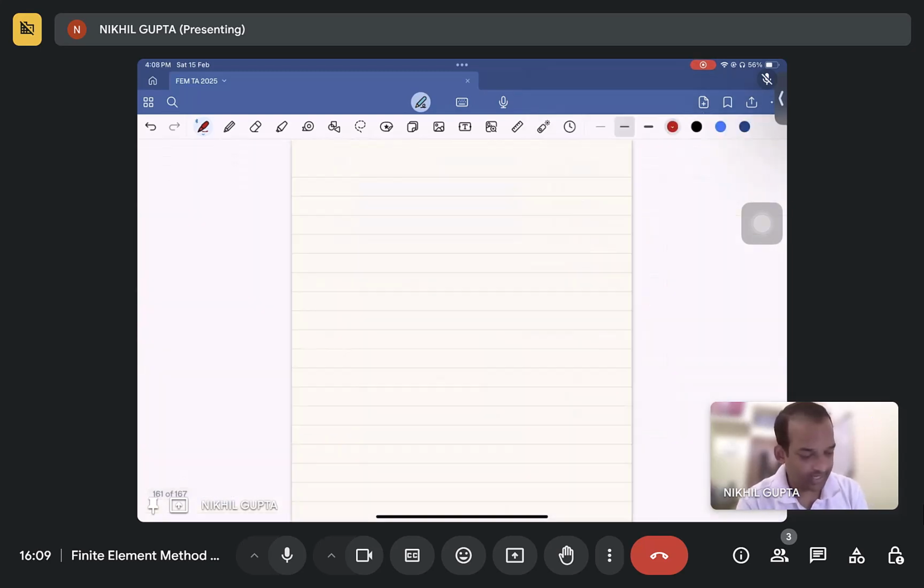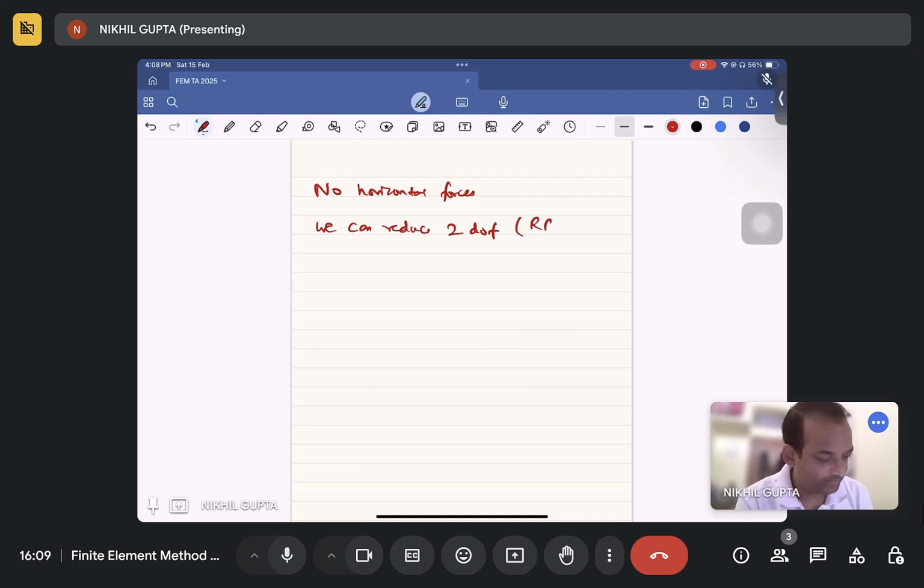Since there is no horizontal force, we can reduce 2 degrees of freedom, which is RBM. So your reduced K will be of dimension 2n plus 2 minus 2, cross 2n plus 2 minus 2. This will come 2n cross 2n.